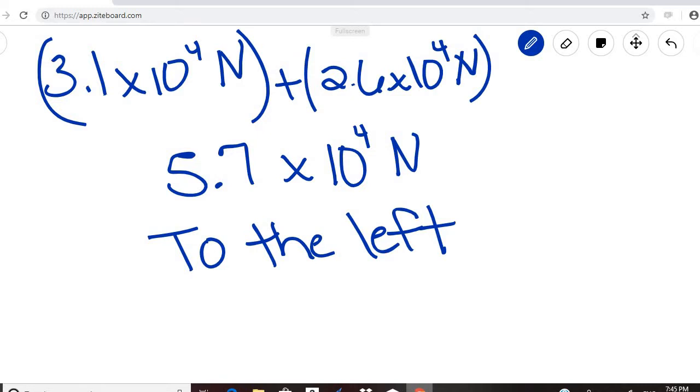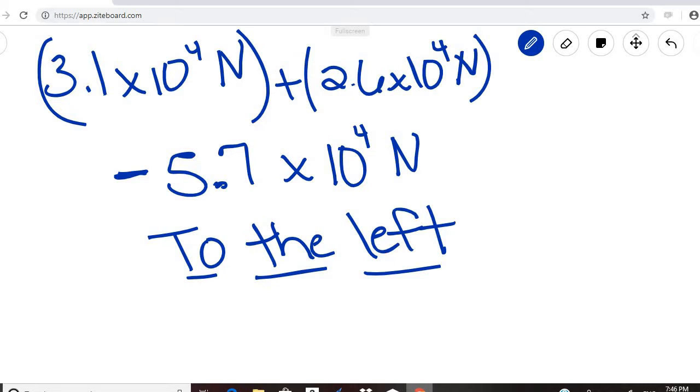And so since left is conventionally a negative sign, then we would say it's negative 5.7 times 10 to the 4th, or you could just say 5.7 times 10 to the 4th to the left.